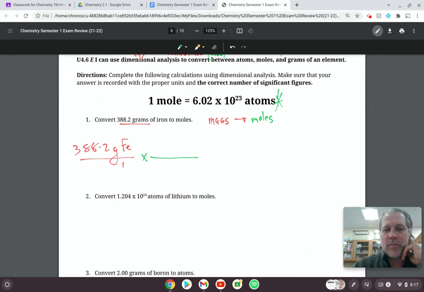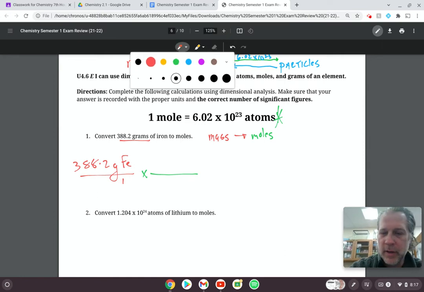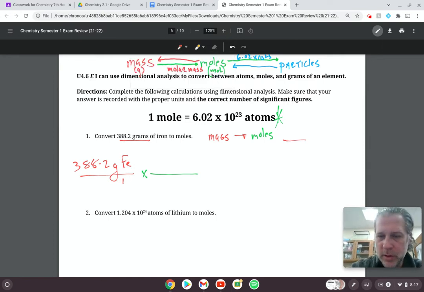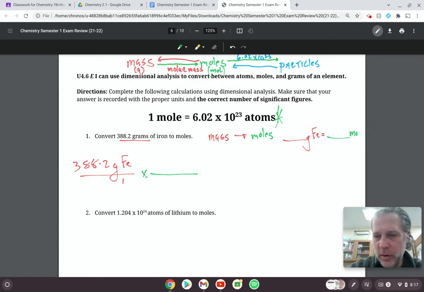According to what I have up in my mole flow chart on the top, I need to use the molar mass. And the molar mass is the number of grams that are equal to 1 mole of an element on the periodic table. So in this case, I know that grams of iron can be equal to moles of iron, and that would be the conversion factor.